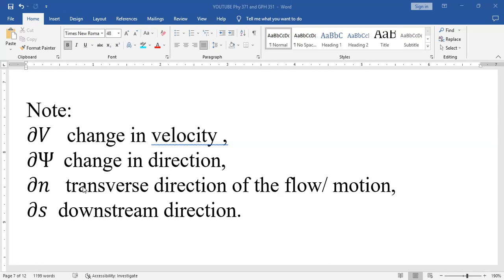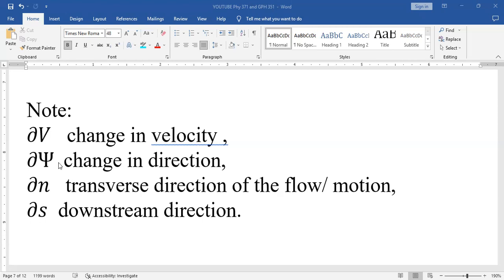The s, downstream direction. So anywhere you see the dv over the dn, you define it as the change in velocity all over the transverse direction of the flow. The dv over the ds is talking about the change in the velocity in the downstream direction.